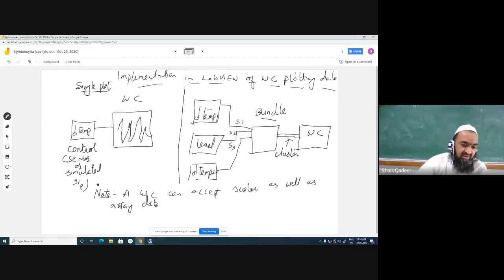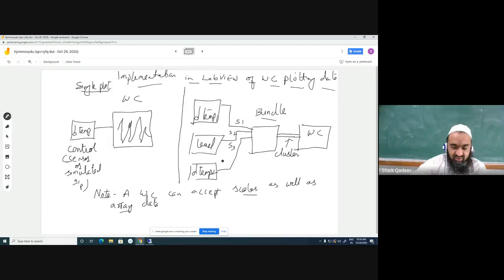Just keep this note in your mind. You may not understand this right now, but later when we see the simulation, you can understand. This note says that a waveform chart can accept not only the scalar quantity, but also the array data. In this case, I am showing you a scalar quantity, temperature, which is a single value.